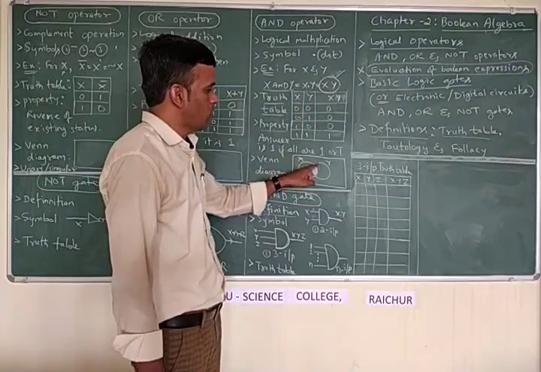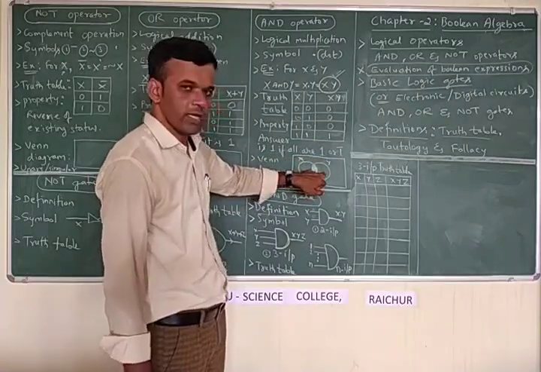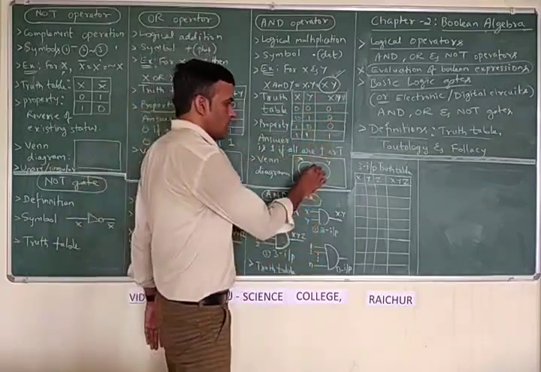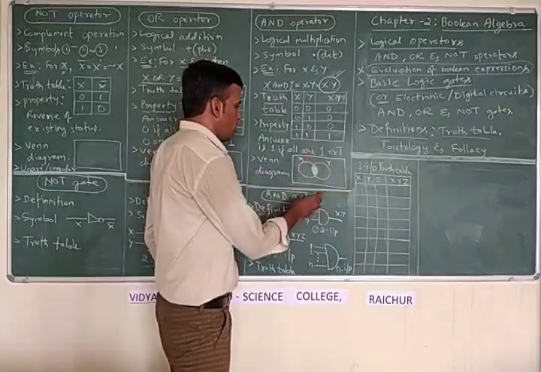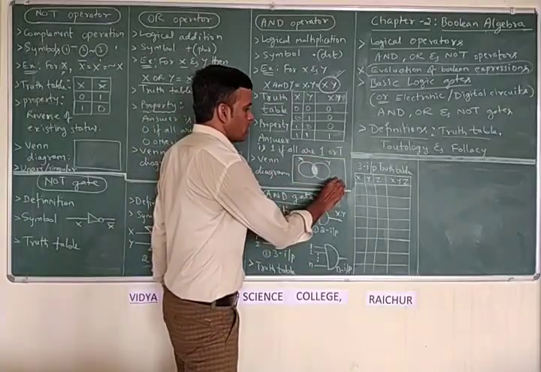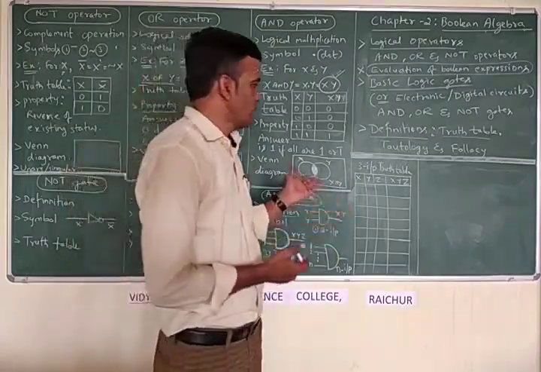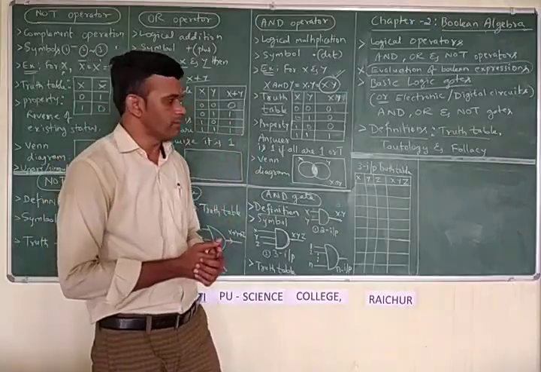If it is present in both, then only the answer is 1. If it is present only in x or only in y, the answer is not going to be true. That's why only this area is shaded. The Venn diagram used for x intersection y is the same diagram for the AND operation.